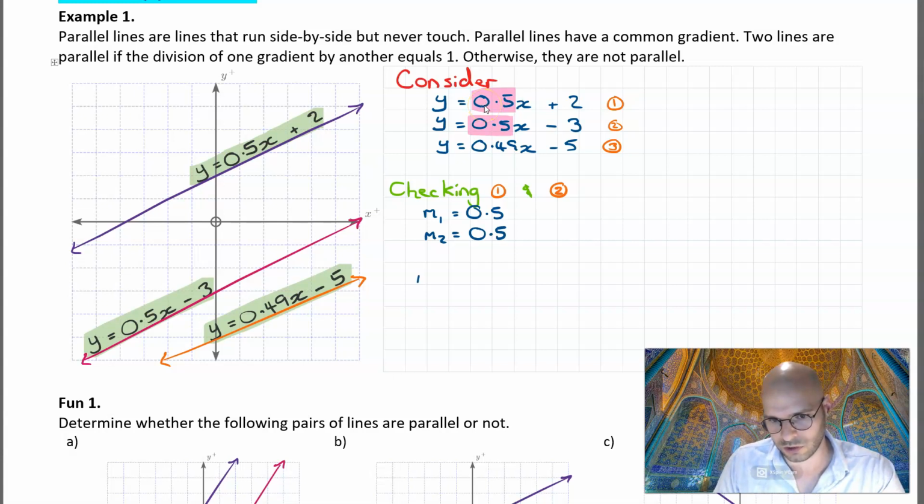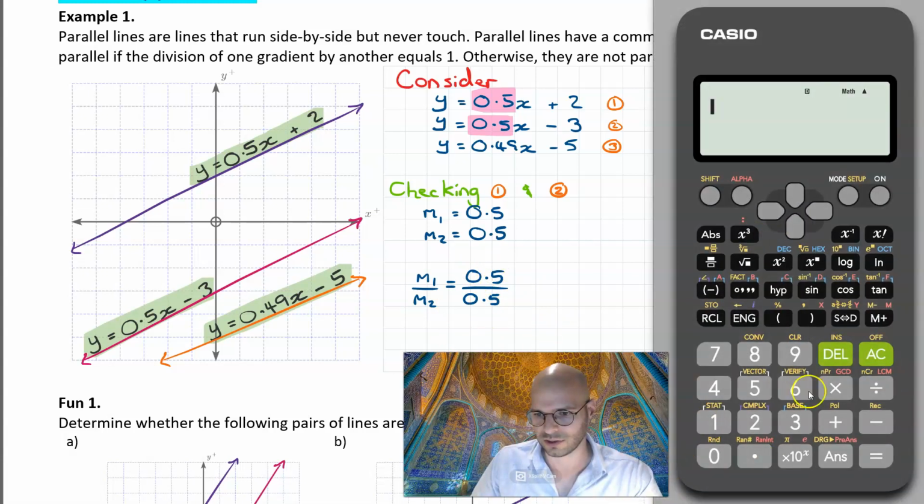So showing this to the reader, I can say m1 divided by m2 is equal to 0.5 divided by 0.5. Now, this calculation is trivial, however, we'll use a calculator anyway. So we say up we come, and then we put it in the calculator just like shown. You can use this on your Sharp calculator. I hit equals and I get a value of 1.